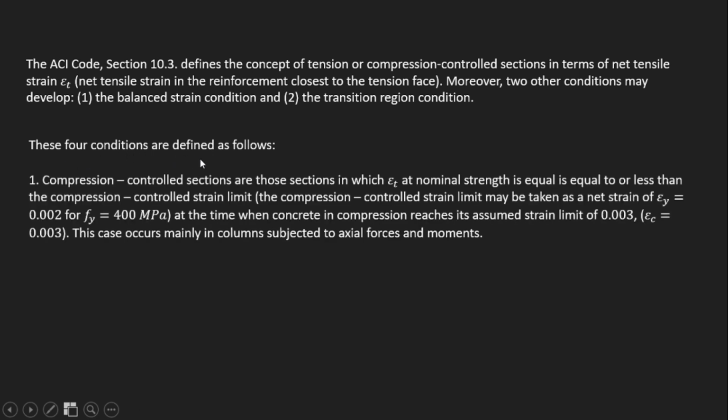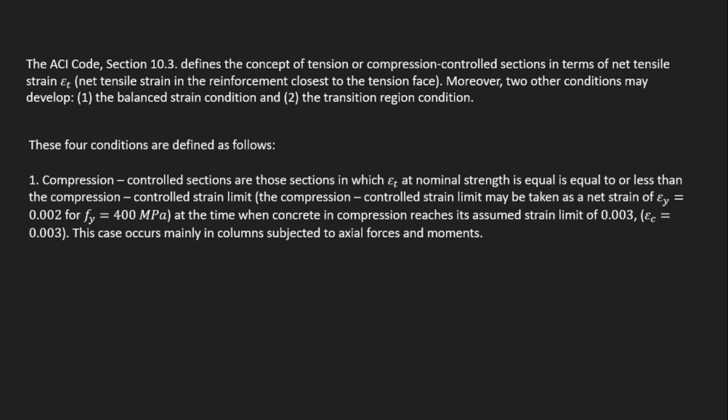So for compression controlled, these are those sections in which the net tensile strain or εt at nominal strength is equal or less than the compression controlled strain limit. So yung strain limit natin is equal to 0.002 nga. So pag less than dyan, automatic makukuha natin is compression controlled section. Or that is also for 400 megapascal, kasi nga yung 400 megapascal pag kinuha natin yung strain nito, 400 over 200,000 megapascals.